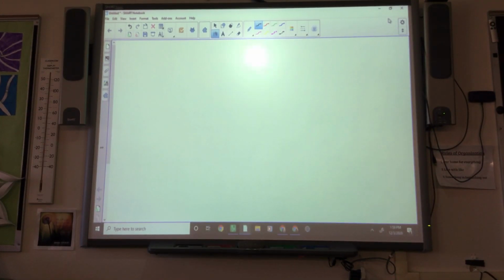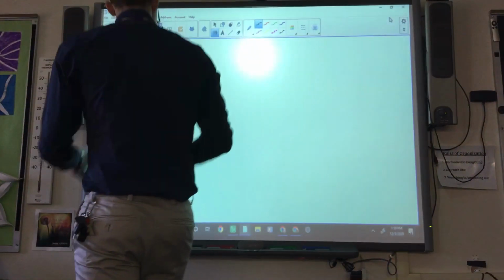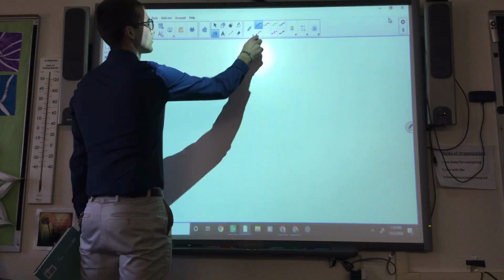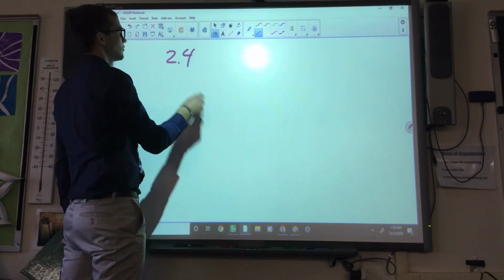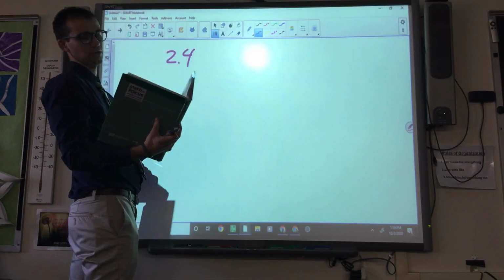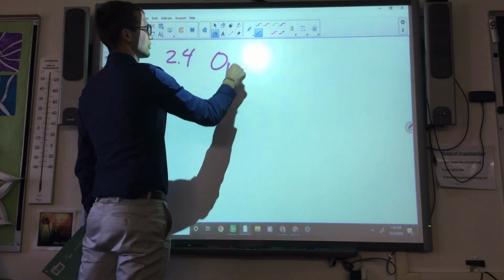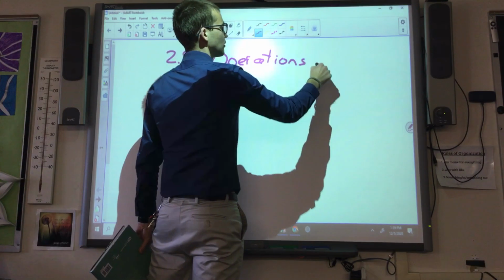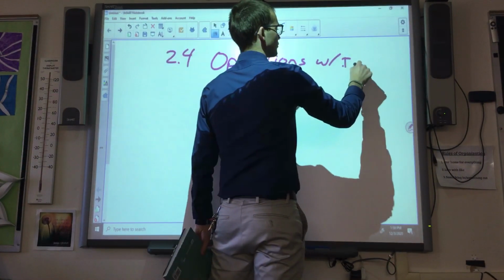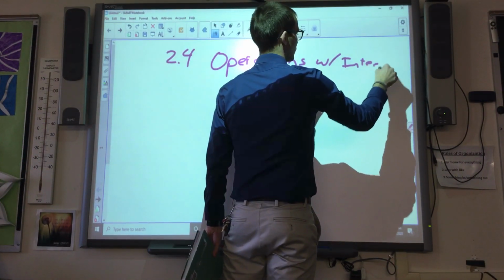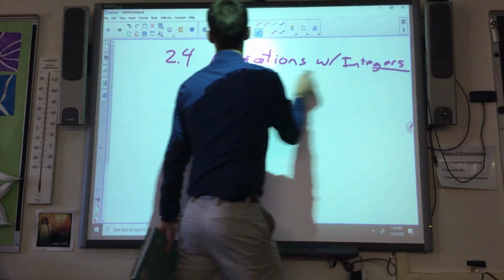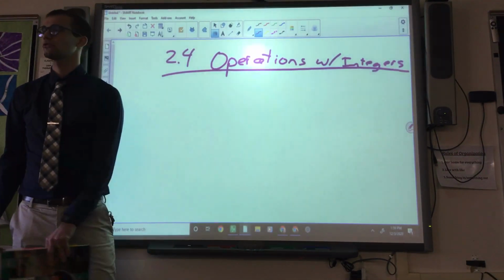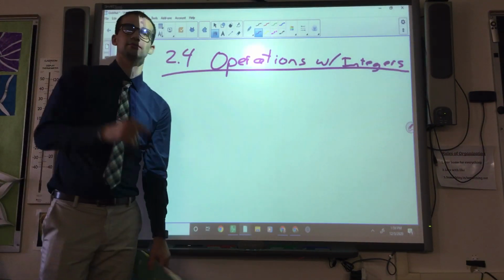Alright, we're on page 94 for section 2.4, and this is operations with integers. So I don't need to ask you what integers are anymore, so you should definitely know it's the whole thing we're talking about.